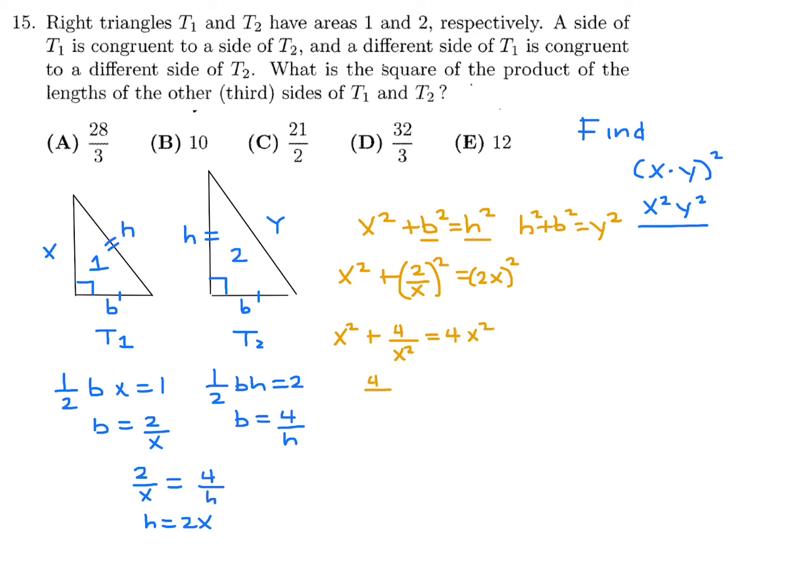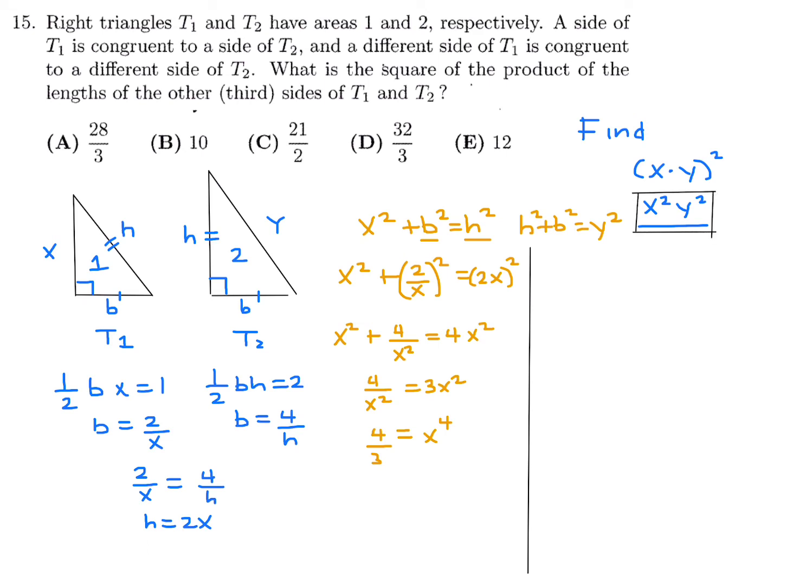So that means 4 over x squared is equal to 3x squared. And therefore 4 over 3 is going to be equal to x to the power of 4. Okay. That gives me a numerical value for x to the 4th, at least. Okay, so I think I am ready to figure out what they want me to, which is this guy right here.